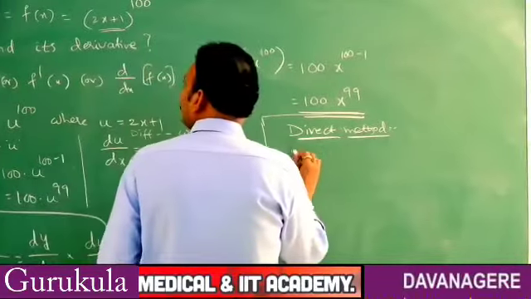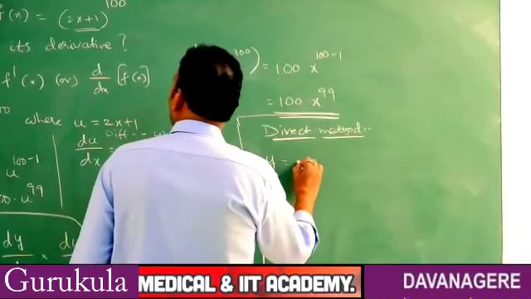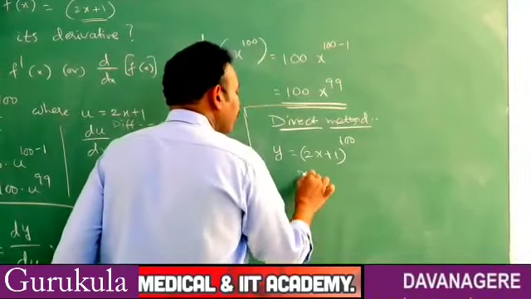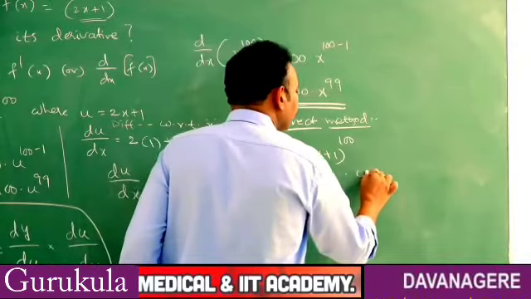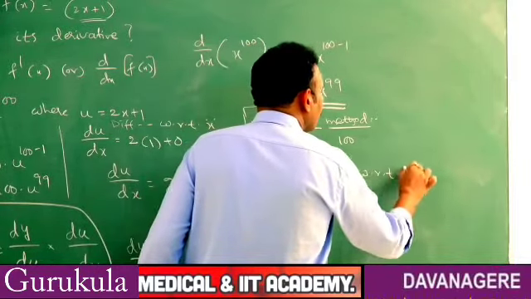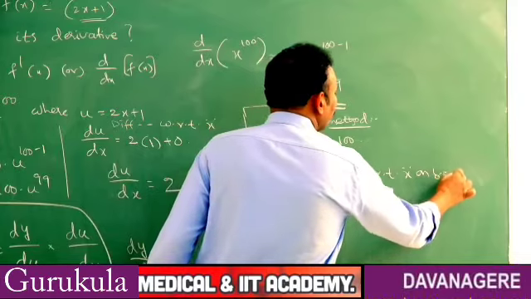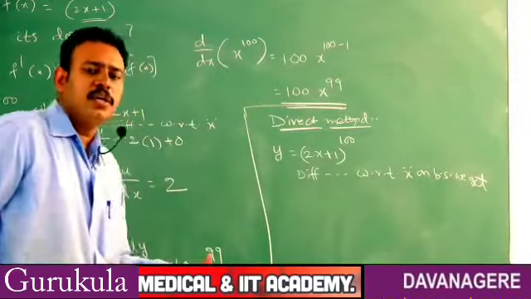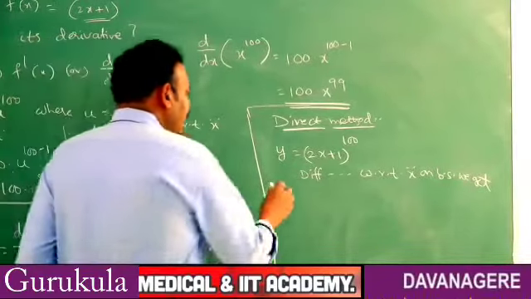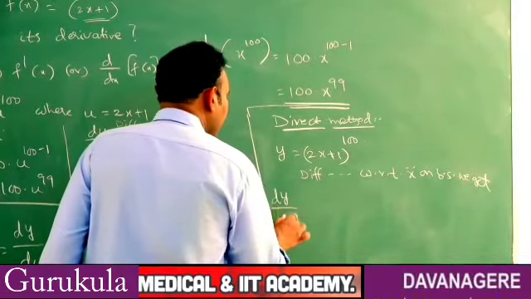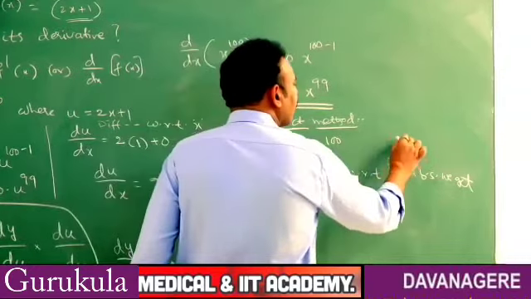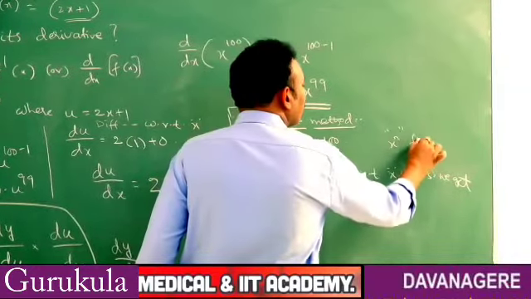If y is equal to 2x plus 1 whole to the power of 100, differentiate with respect to x on both sides, we get, students, you see here dy by dx is equal to, this is in the form of x power n form.